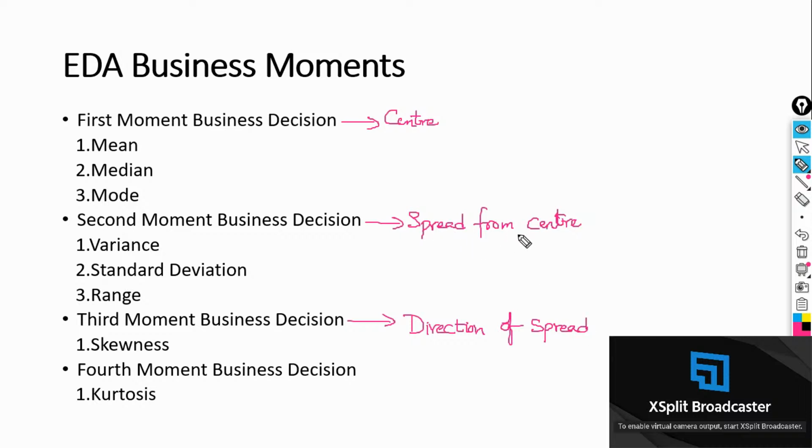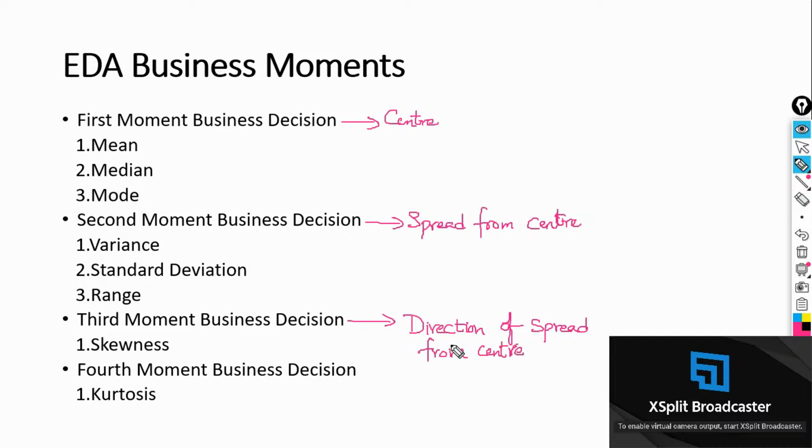Okay. Akhil, is that similar to the second moment? Yes, only in part, because the second moment also talks about spread from center, right? The third moment also talks about the direction of spread from center.